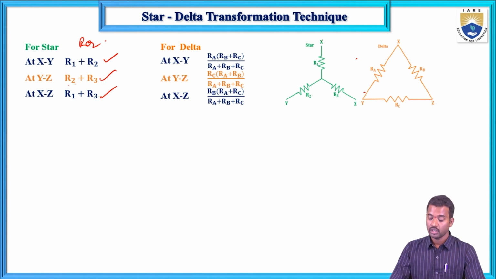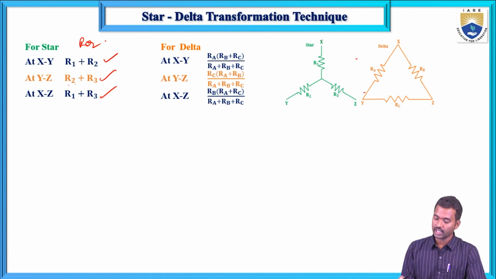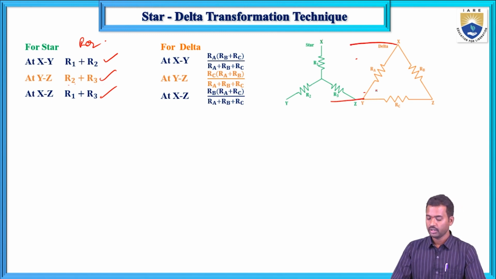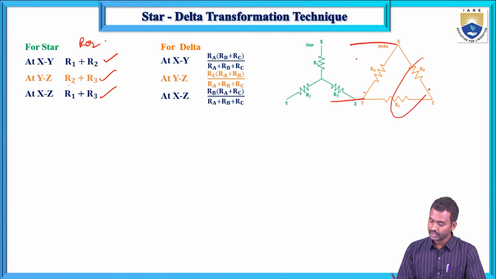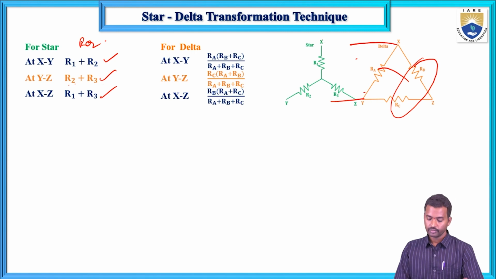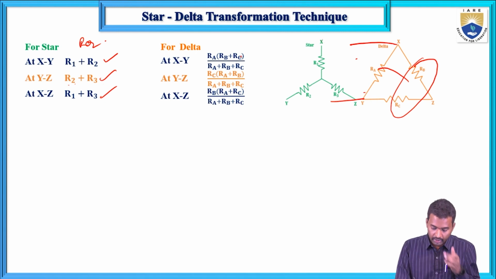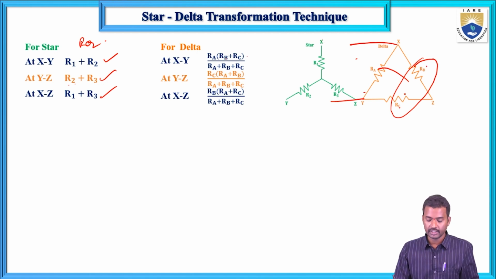Three equivalent resistors. Now for the delta case, also X and Y. Here RB and RC are connected in series, and that combination is in parallel with RA.